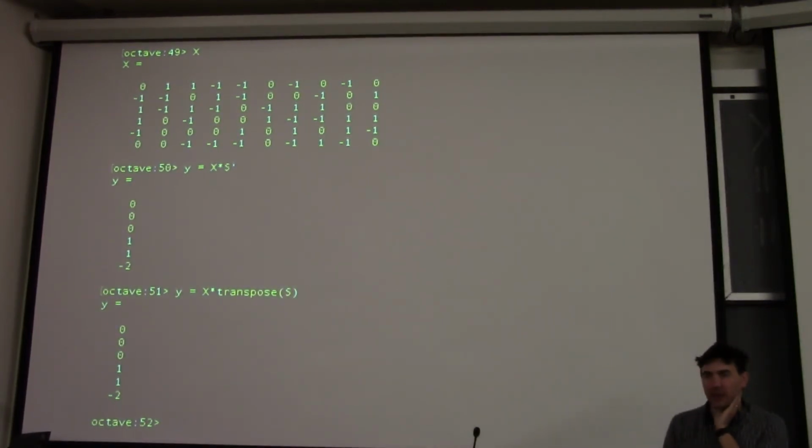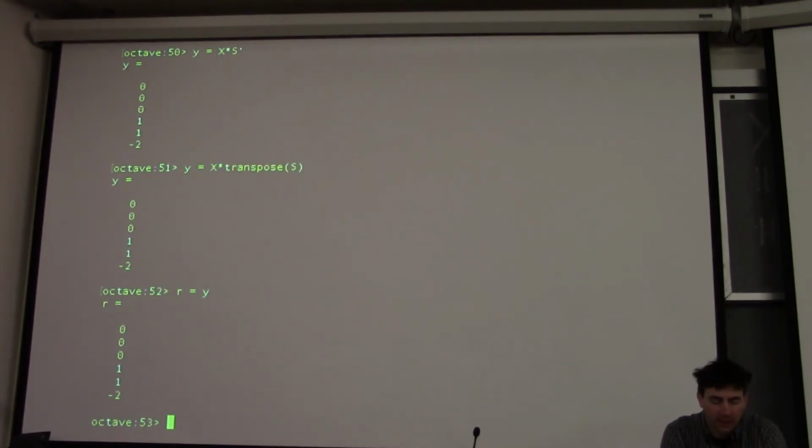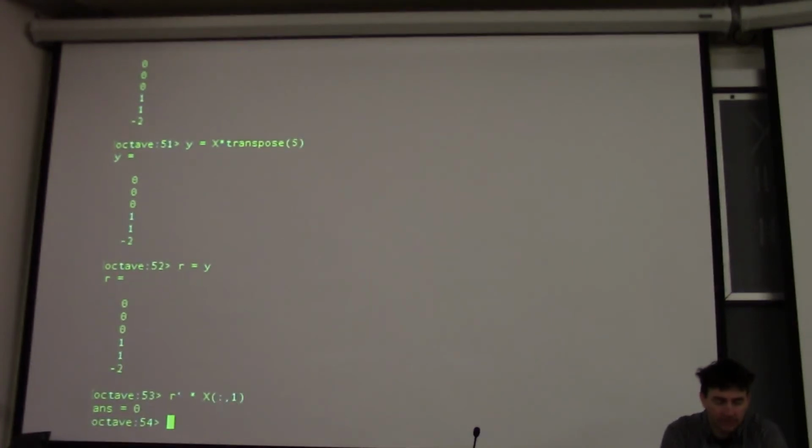What was the first thing I needed to do? I need to choose a column of X which was maximizing a dot product. A dot product is where you multiply two vectors. So I'm going to set R equal to Y, and then look at the dot product of R transpose times X. This will give me the first column.